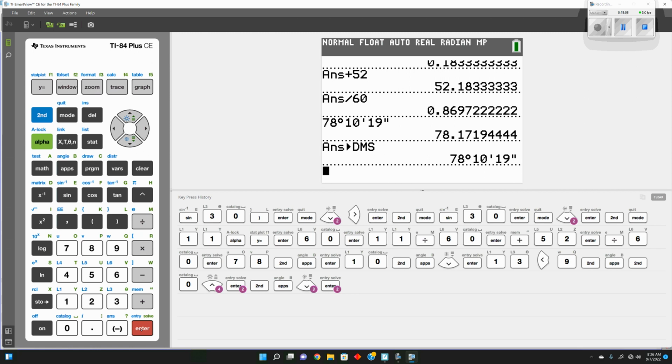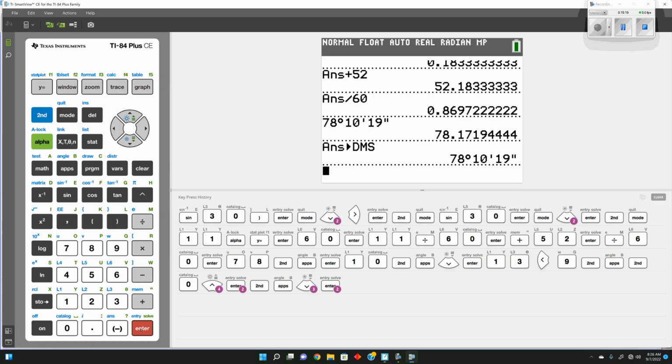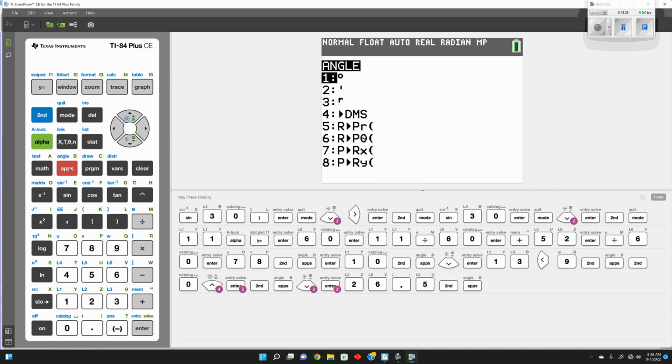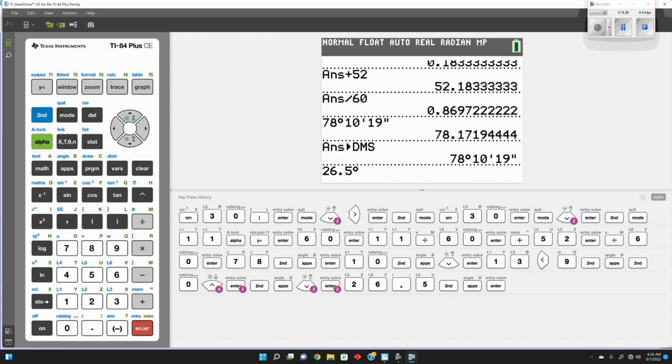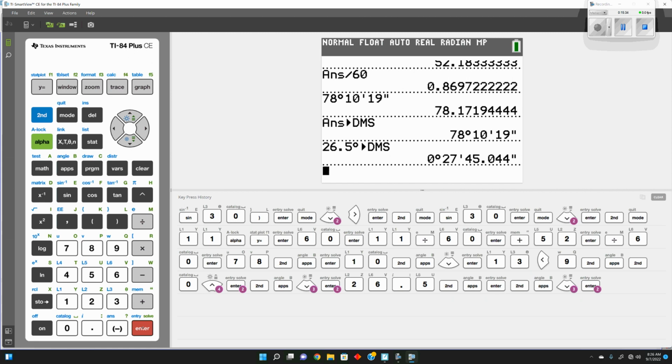Which for here isn't anything real big because we already plugged it in at 78 degrees, 10 minutes, 19 seconds. But if we said 26.5 degrees, we could say we want to convert it to degrees, minutes, seconds.